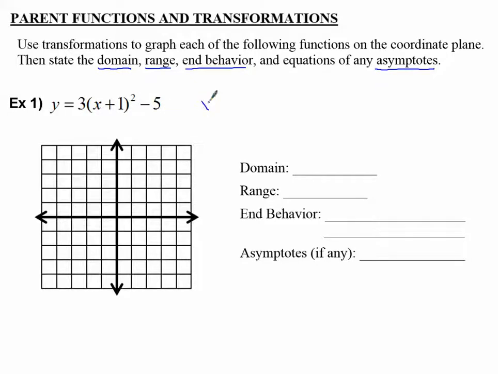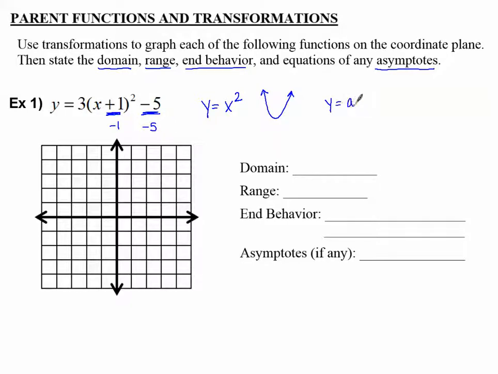Because this is from the parent function y equals x squared, I know approximately how it's going to look. I'm looking at what is subtracted from the x, that is negative 1, and subtracted from the y is negative 5.